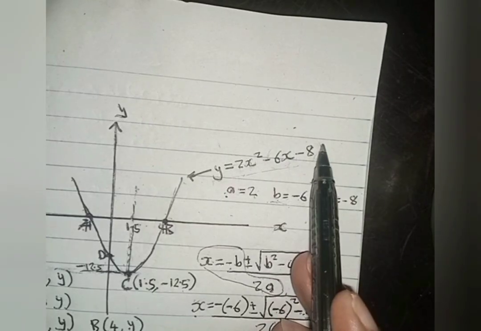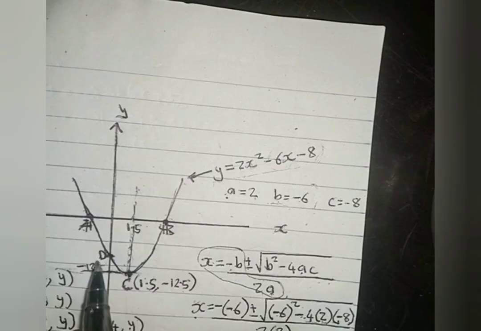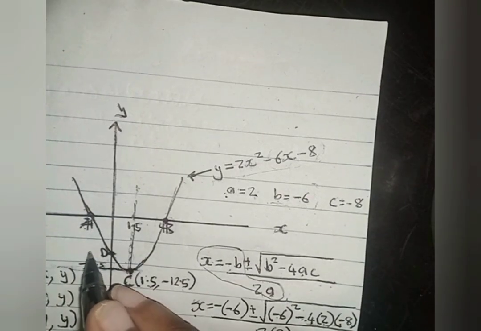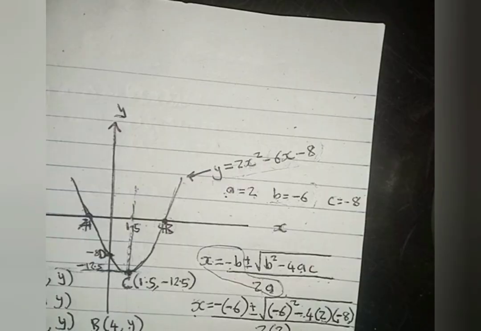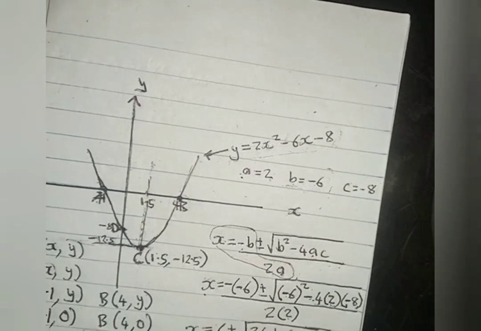So this -8 is your y-intercept. So point D is -8. So this is how we find all the important points on our parabola, or the graph of the quadratic function.